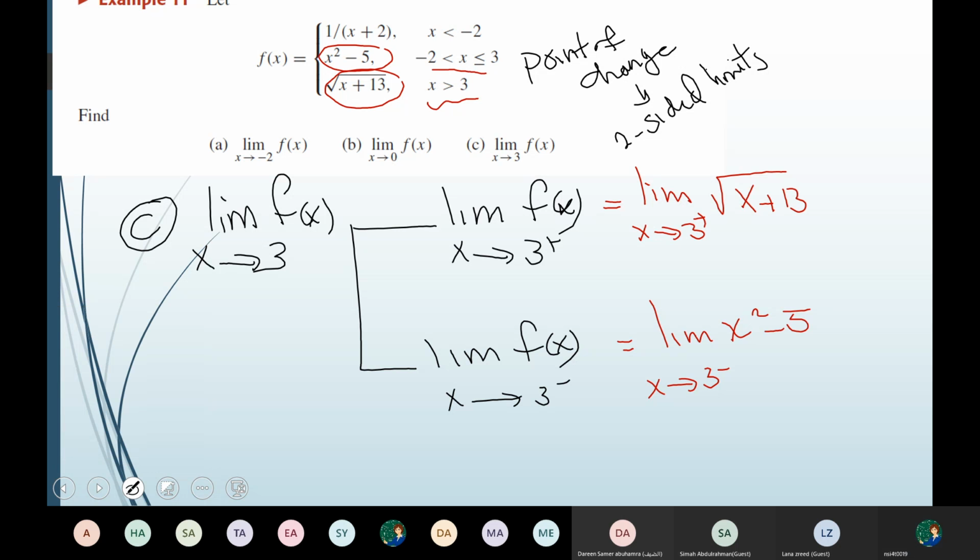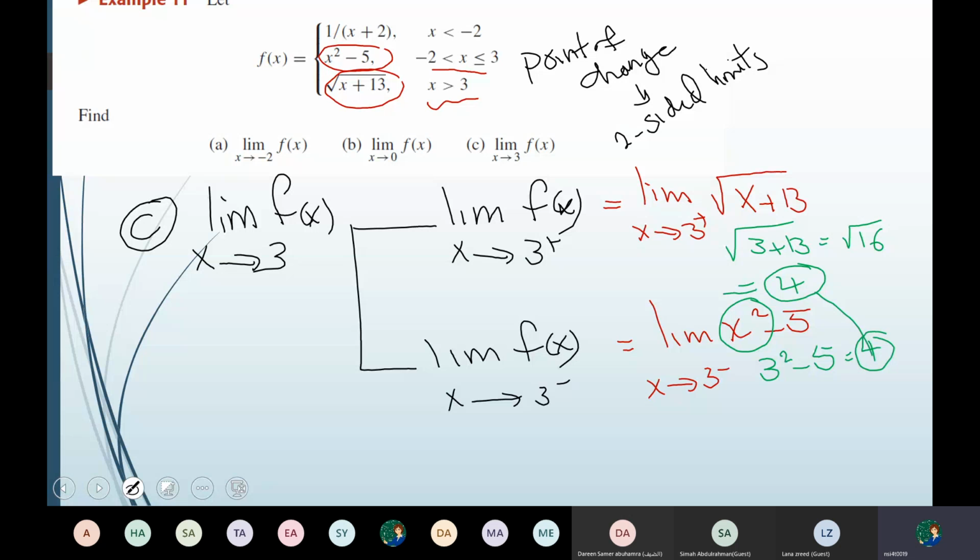Now, let's go back to 3 from the right. 3 plus 13 is the square root of 16, which equals 4. So the answer here is 4. Look at 3 from the left. We also put 3 squared minus 5. 9 minus 5 is what? Also 4.